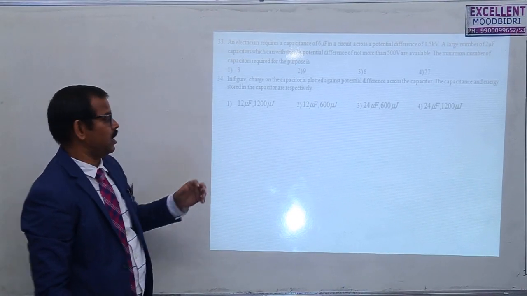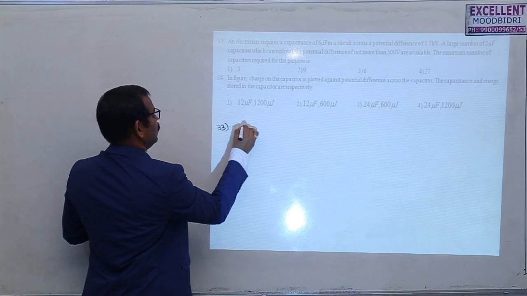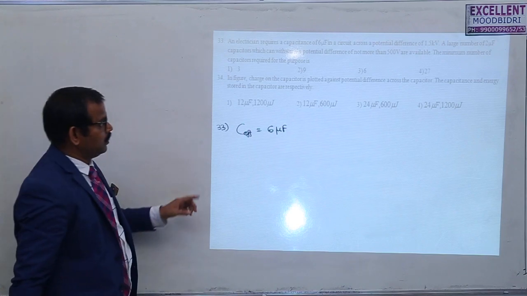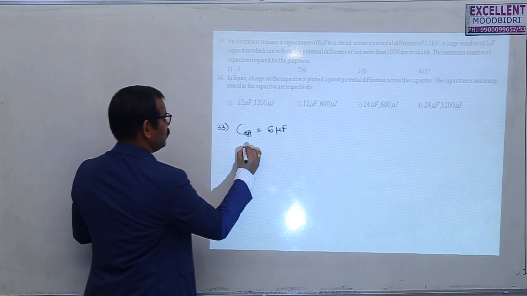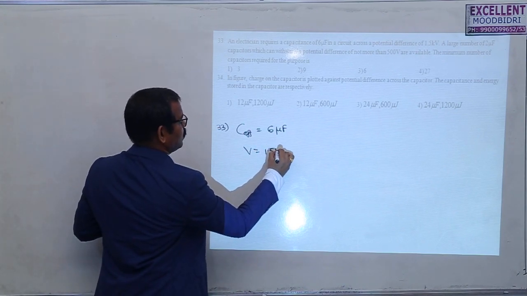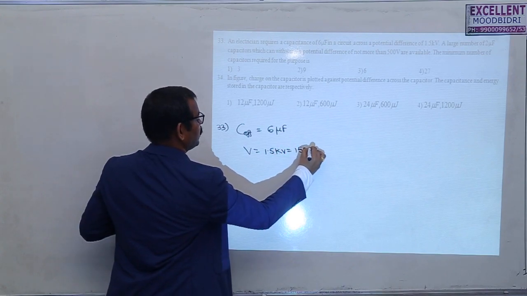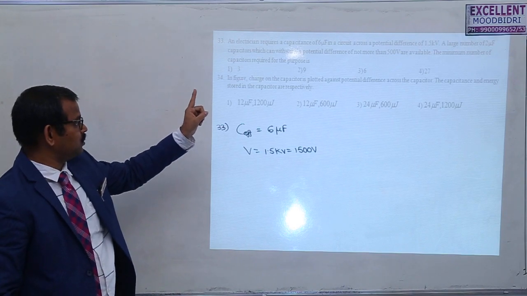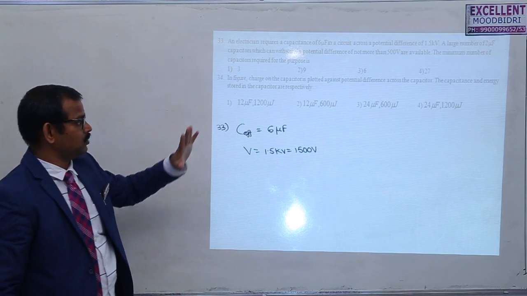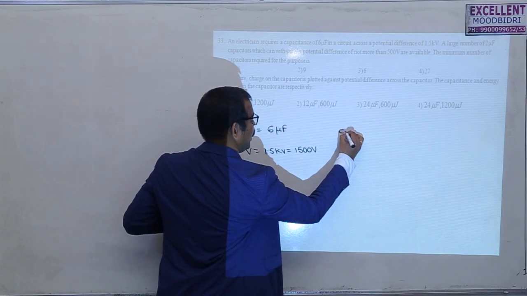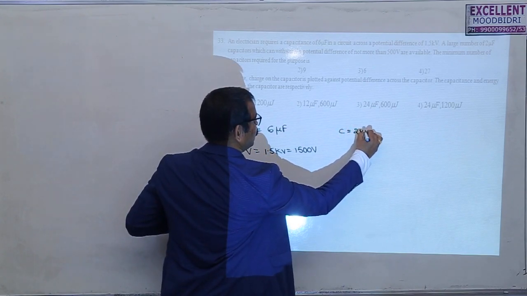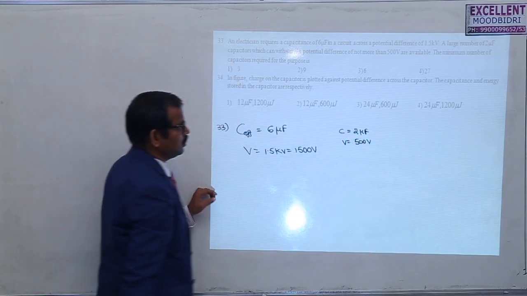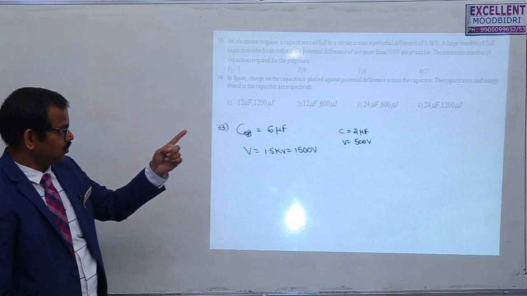An electrician requires a capacitance of 6 microfarad. Total effective capacitance is 6 microfarad in a circuit across a potential difference of 1.5 kilovolts, that is 1500 volts. A large number of 2 microfarad capacitors are available, which can withstand a potential difference of not more than 500 volts.